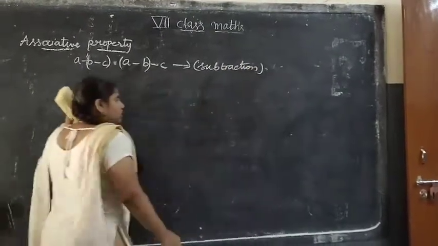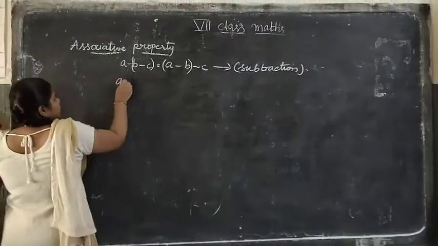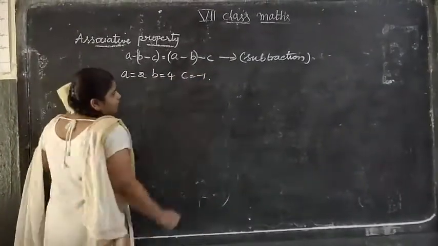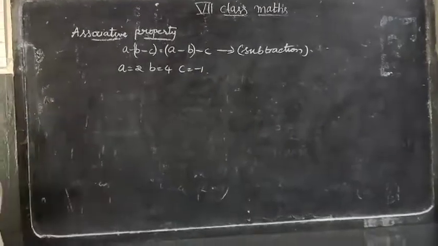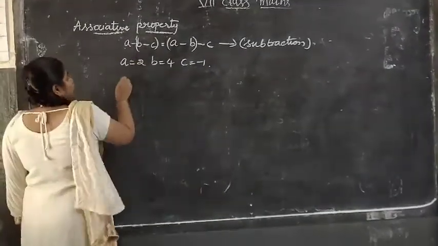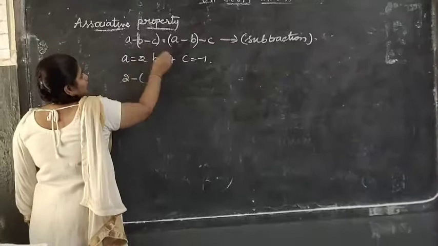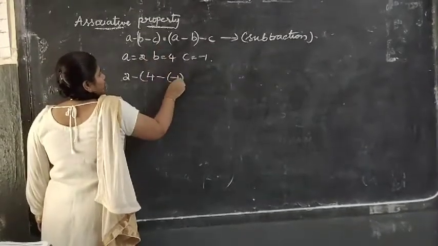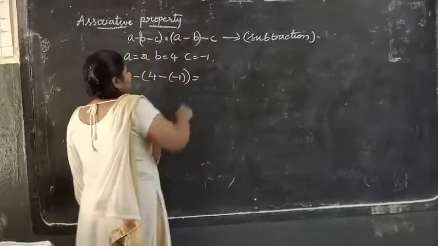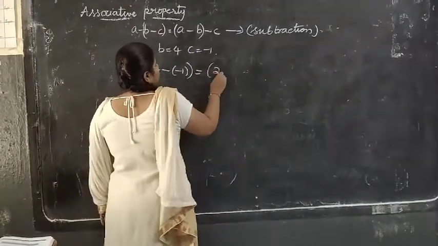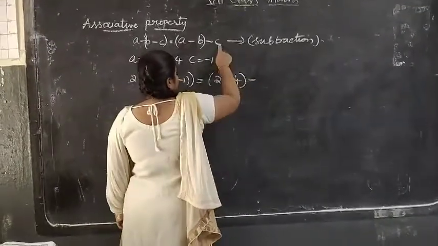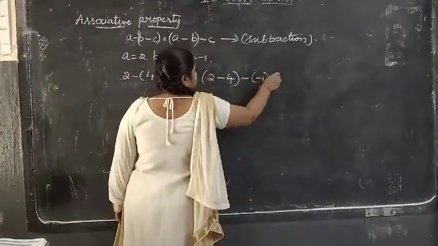So a value is 2, b is 4, c is -1. Just substitute these values. 2 minus 4 minus -1 is equal to 2 minus 4 minus -1, with the brackets interchanged.